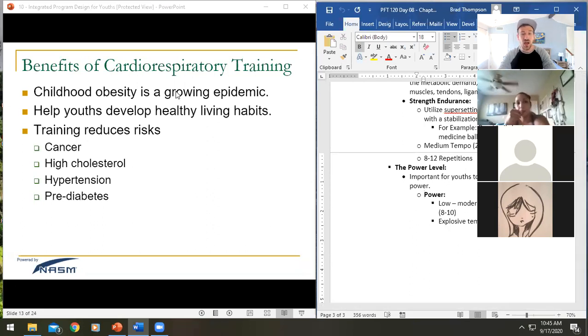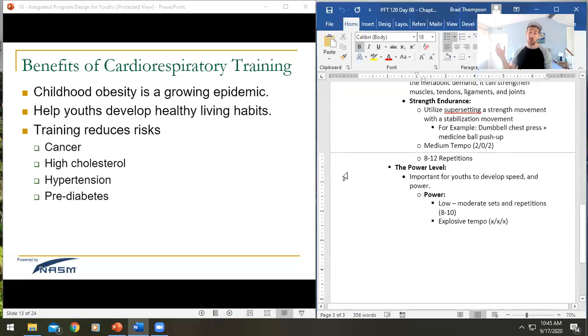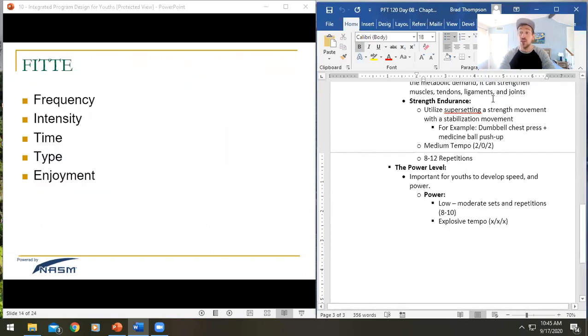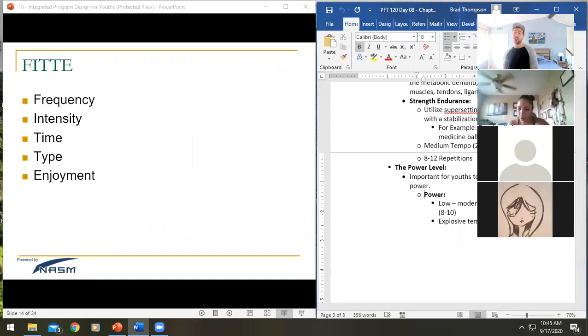All right, so we know benefits of cardio. The rest of this PowerPoint is just gonna be filled up with why this is all good. So we do know that obesity is growing, right? We see higher risks of cancer, high cholesterol, and hypertension. So exercise is going to affect all those. The big thing to remember, take a look. I told you they'd come back one more time.